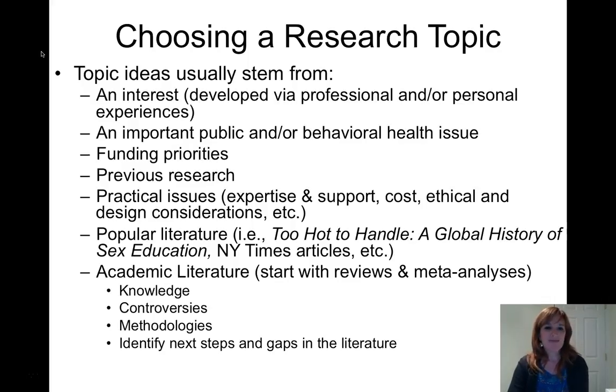And then obviously academic literature. And so I'll talk a little bit more about using the academic literature and digesting and synthesizing the academic literature in the lecture for Module 2.